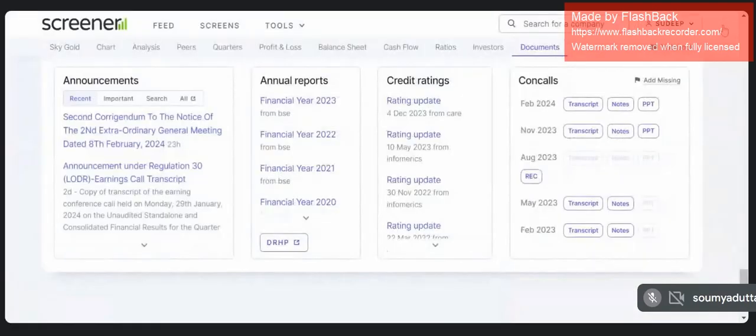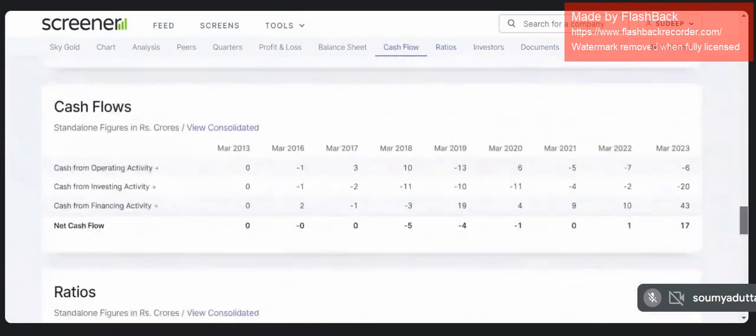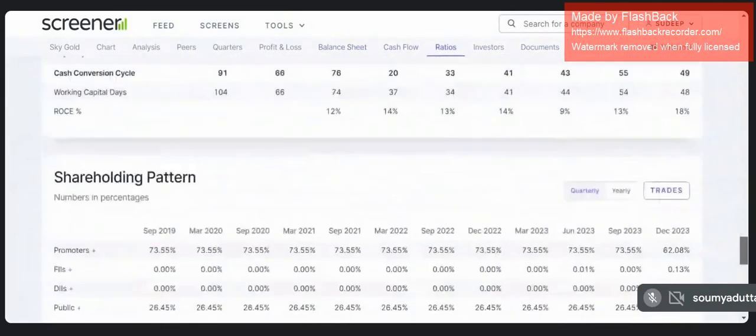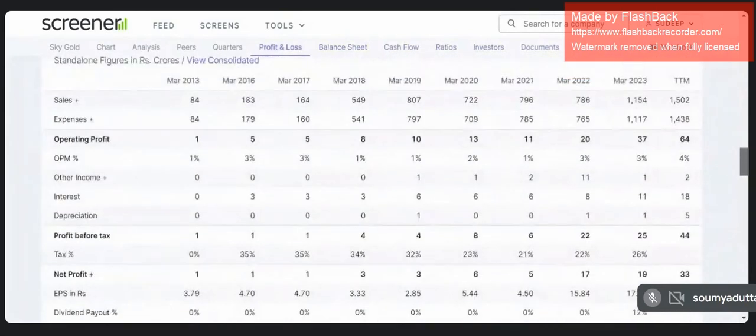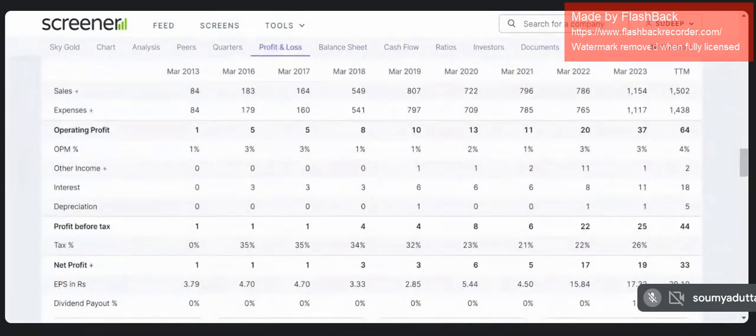They were talking to many good companies, and they can easily scale up, which is right now only 1,500 crores. Last time, when I bought, it was 1,150 crores.